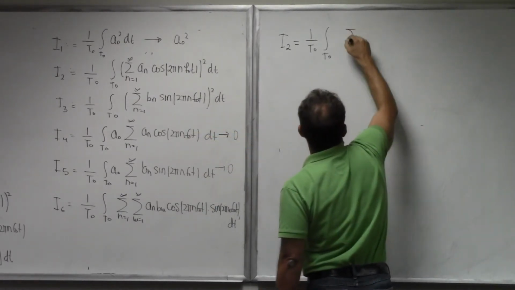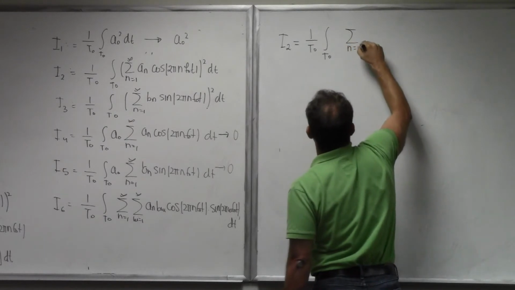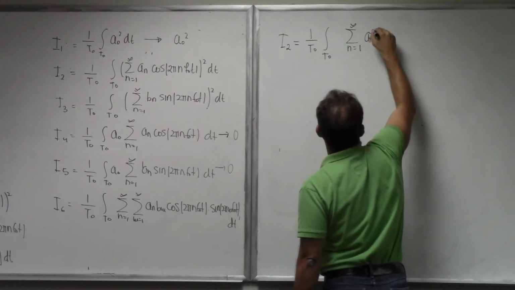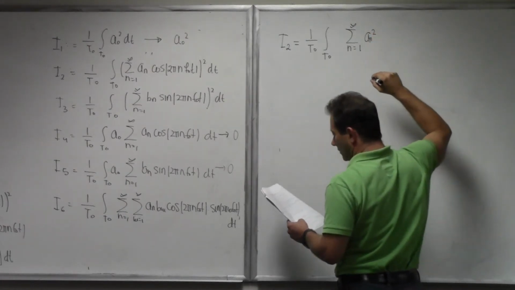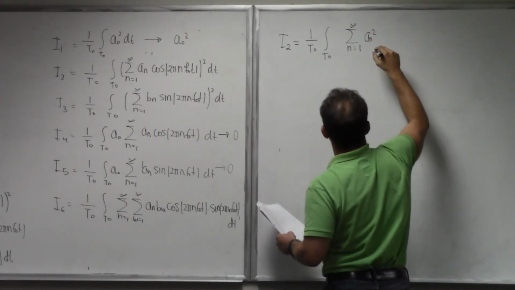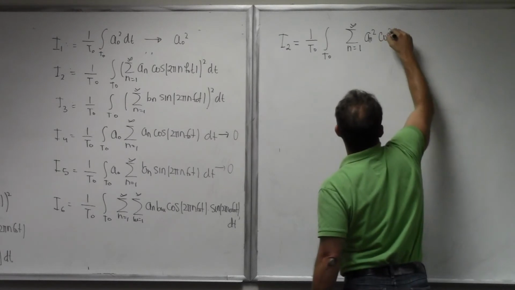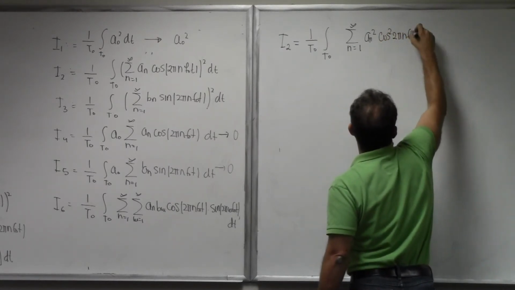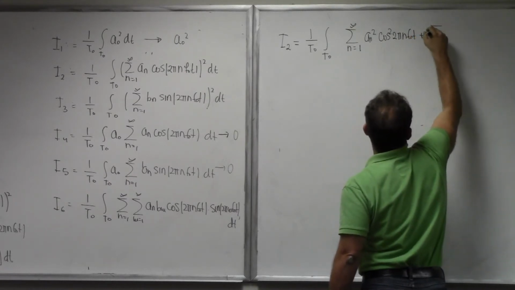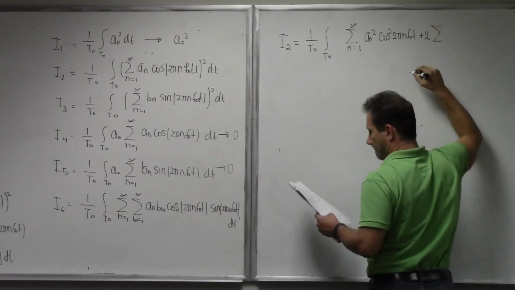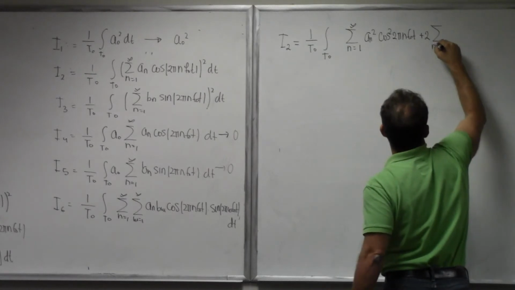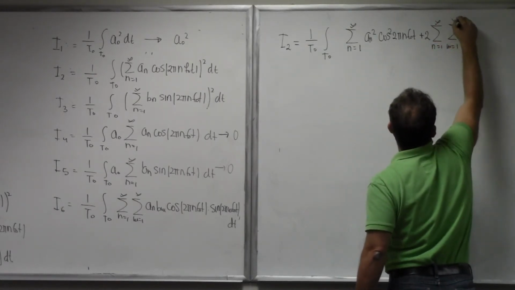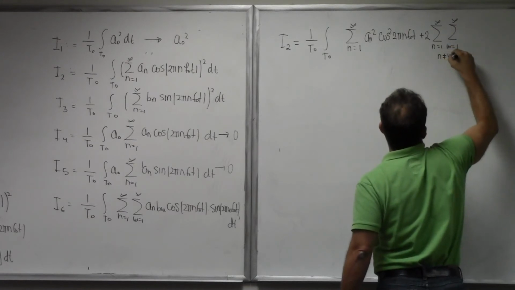So this becomes sum when n goes from 1 through infinity, an squared, and then I have all of the cross terms, an squared cosine squared 2 pi n f0 t, and then plus 2 times sum when n is equal to 1 through infinity, sum m is equal to 1 through infinity, but n is different than m.